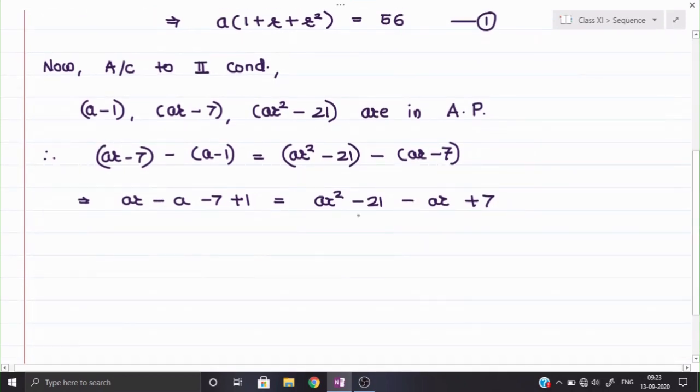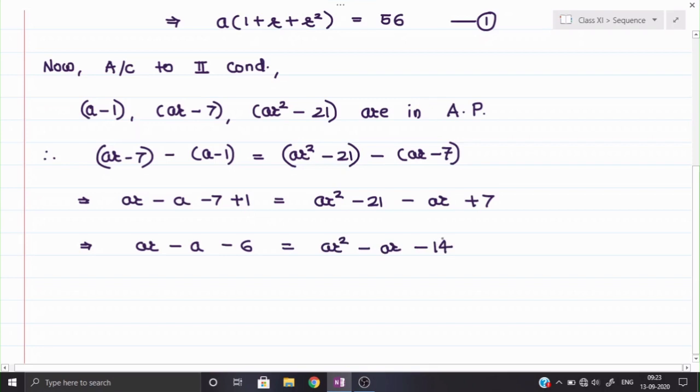We can add these numbers, and then we will transpose the terms to that side. So AR minus A minus 6 is equal to AR square minus AR and minus 21 plus 7, that will be minus 14.